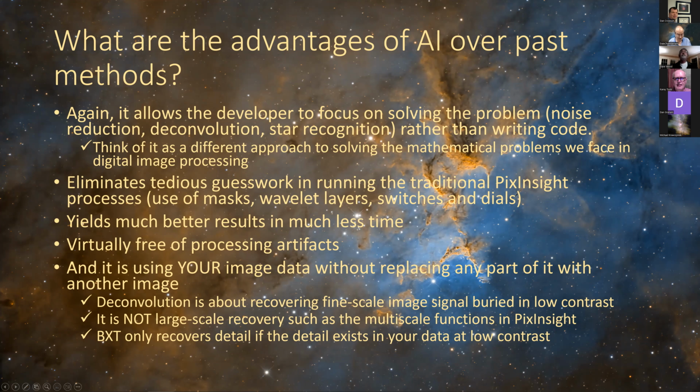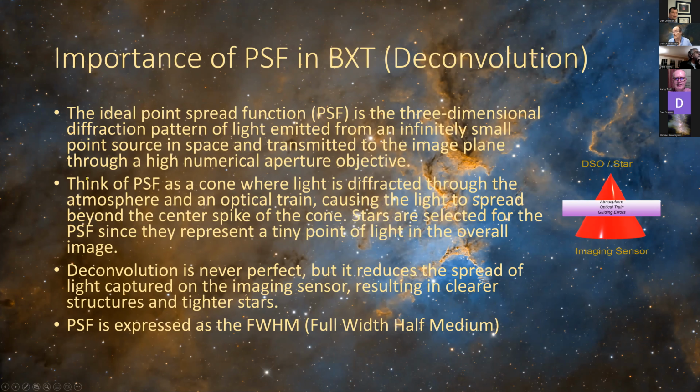So that part needs to be emphasized: if the data is not in your image, it's just not going to come back. It's not going to be there. So the data has to be there. It could be buried in this low contrast. And what Blur Exterminator will do is pull that out as much as it can.